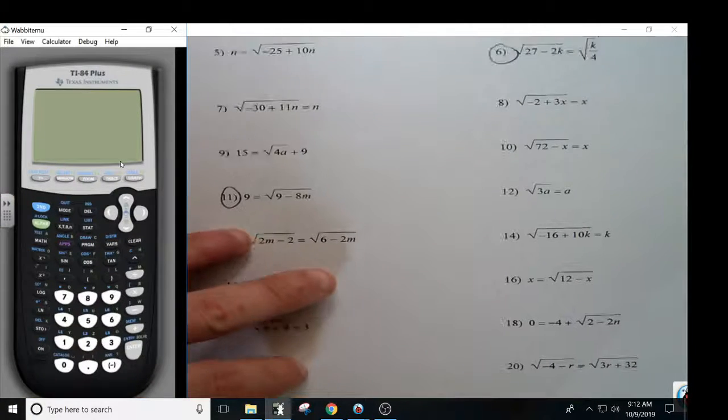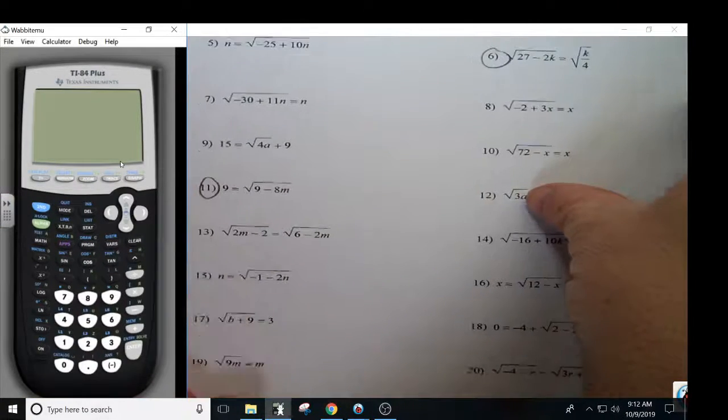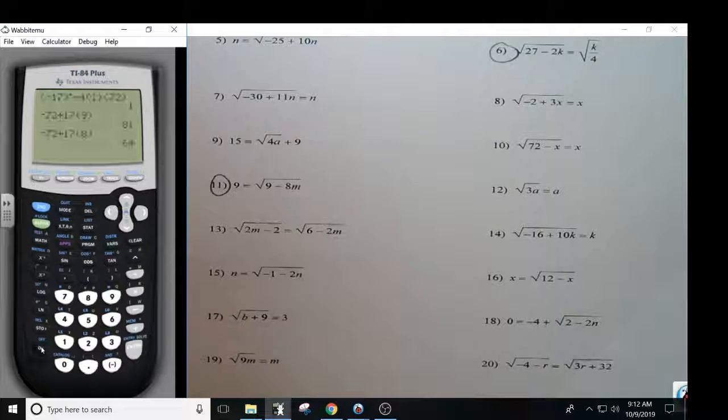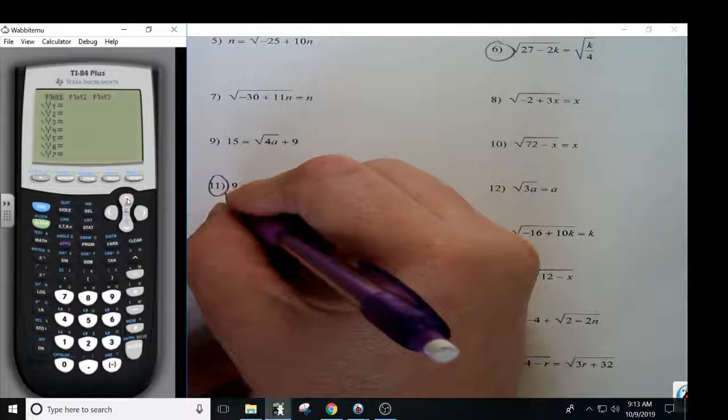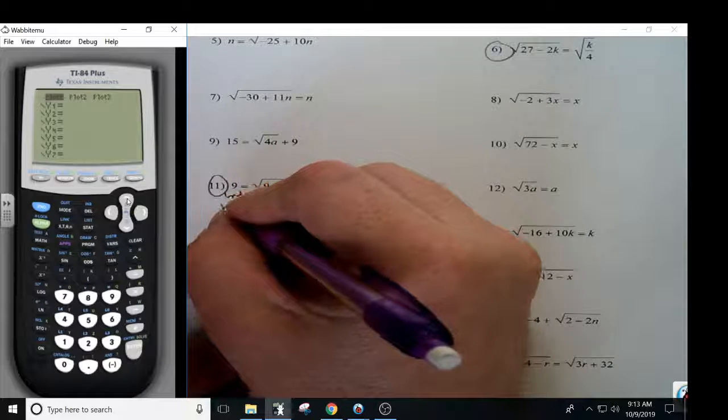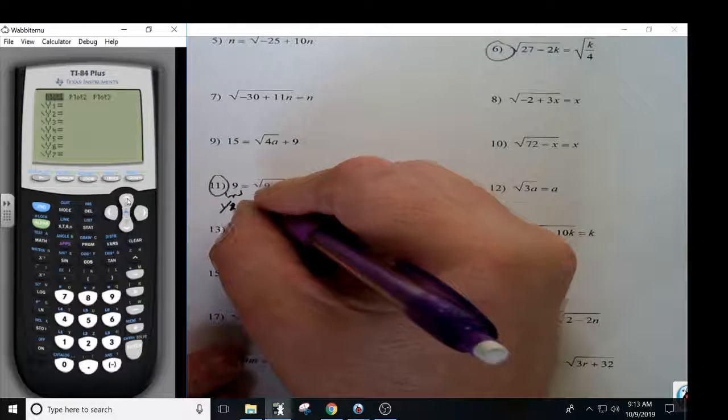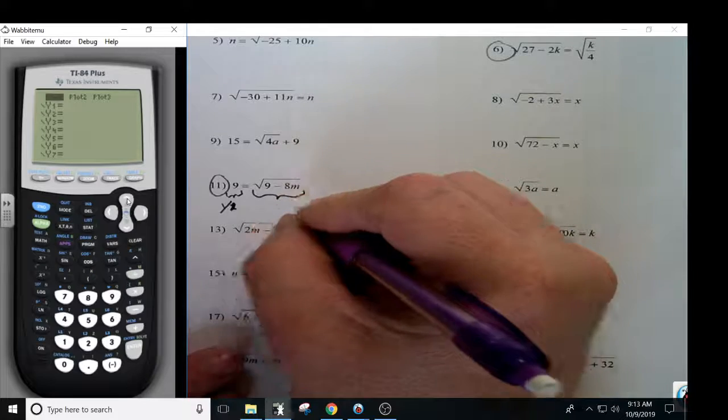Now, guys, this is a pretty simple thing. You're gonna turn your calculator on. You're gonna go to y equals. If there's anything in there, you need to clear it out. So clear everything out. Now you're gonna put the left side in y1, the right side in y2.